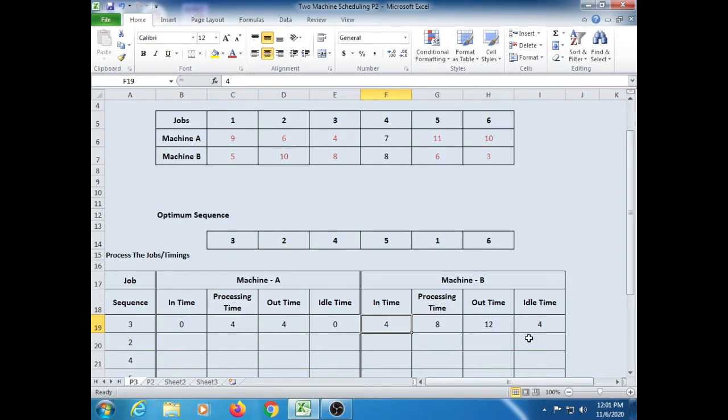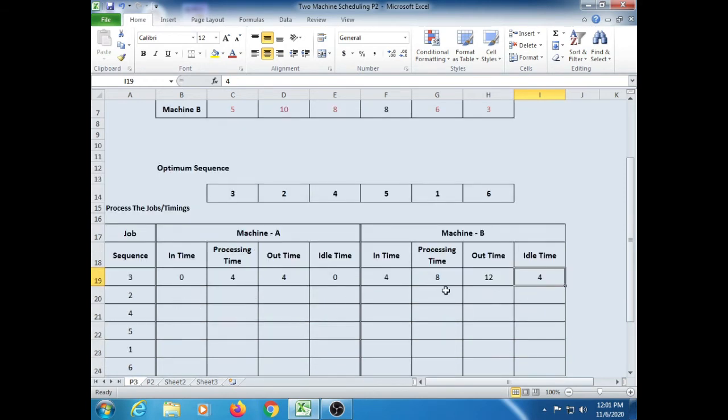It was idle. So that's why we have to take the idle time as 4 hours here. This is the idle time for machine B.